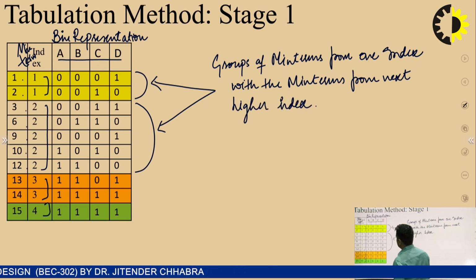Okay, that means index 1 terms are to be grouped with index 2. Similarly, index 2 terms will be grouped with index 3. Index 3 terms will be grouped with index 4.